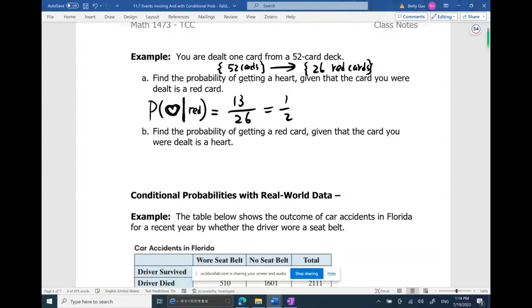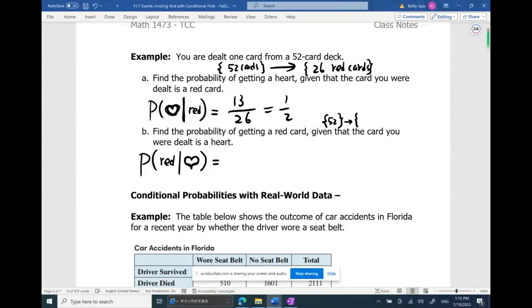Part B, find the probability of getting a red card given that the card you were dealt is a heart. It's interesting because it switches the order of the 2 events. This time the condition is not getting a red card. The condition is getting a heart. Your original sample space contains all the 52 cards, right?